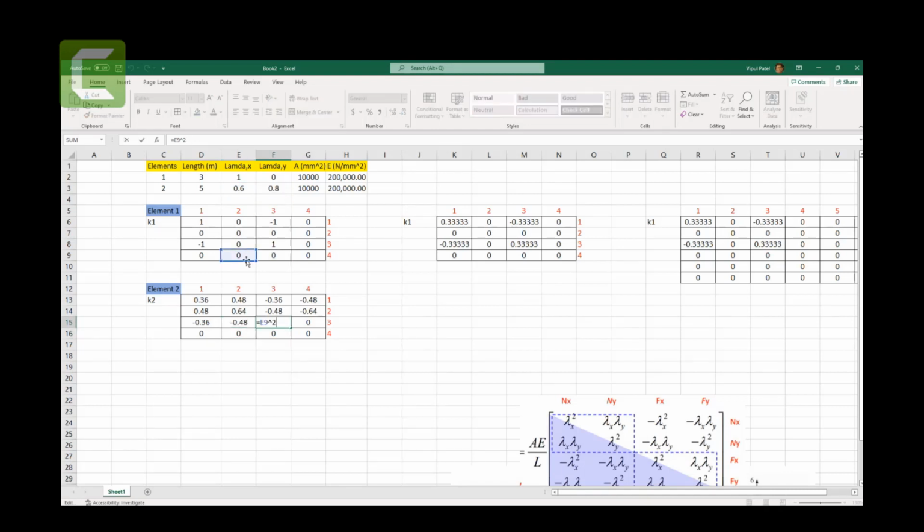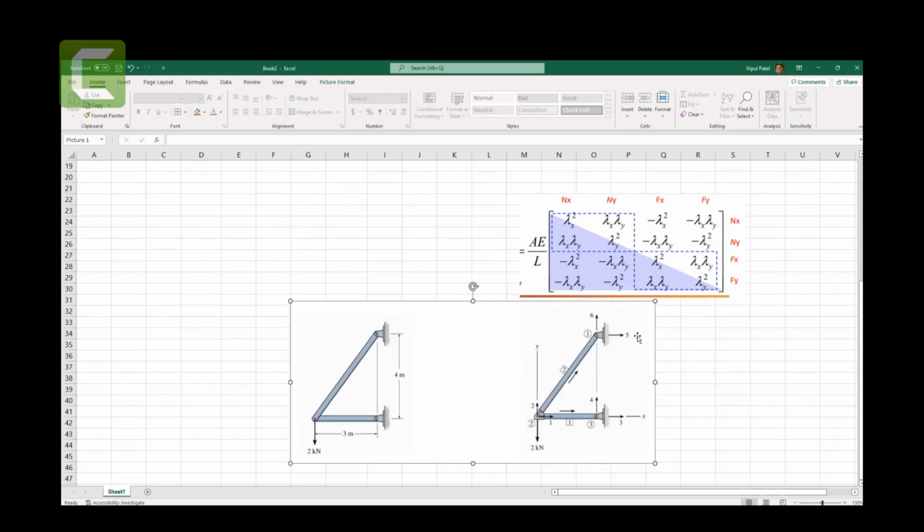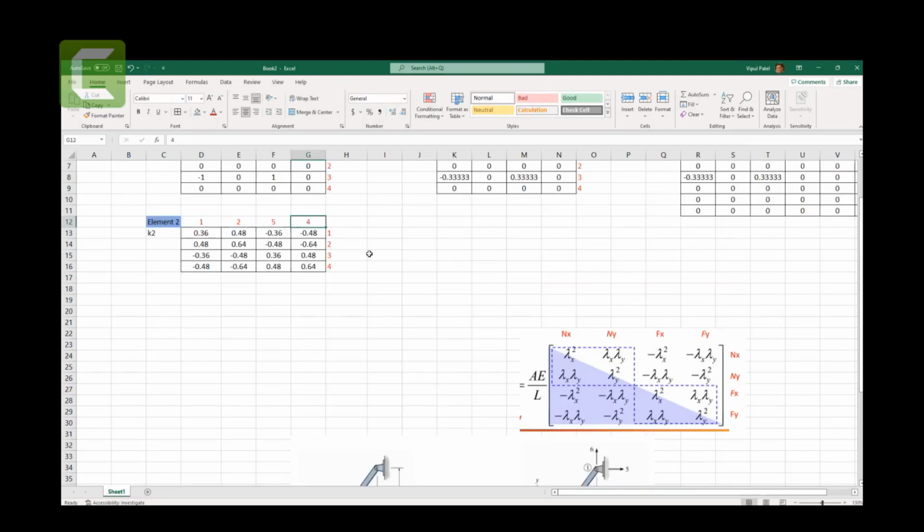I hope it is not overwhelming for you, just changing the lambda x and lambda y for element number 2. So that's here, and that's R here, and these are here. Okay, so now near node, far nodes 1, 2, 5, 6. So 1, 2, 5, 6 and 1, 2, 5, 6, right?